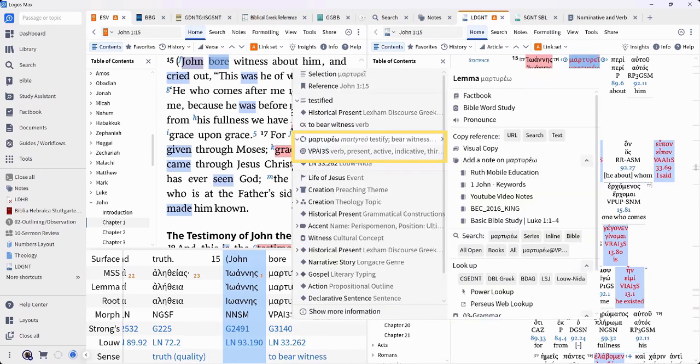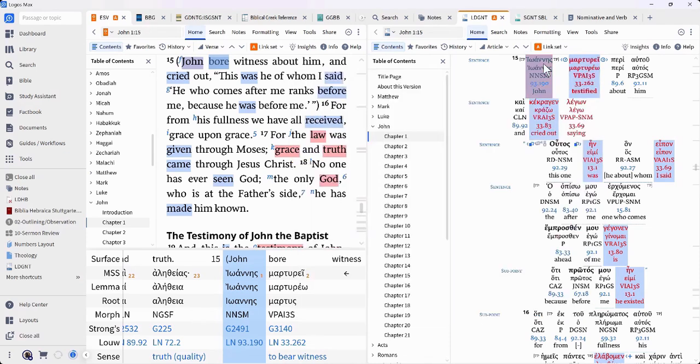Here is our verb, so let's check out the verb. The verb is present, active, and indicative. So John is performing this action. He testified about him and cried out saying. So here it doesn't have an object or a direct object, which was different than our previous text.